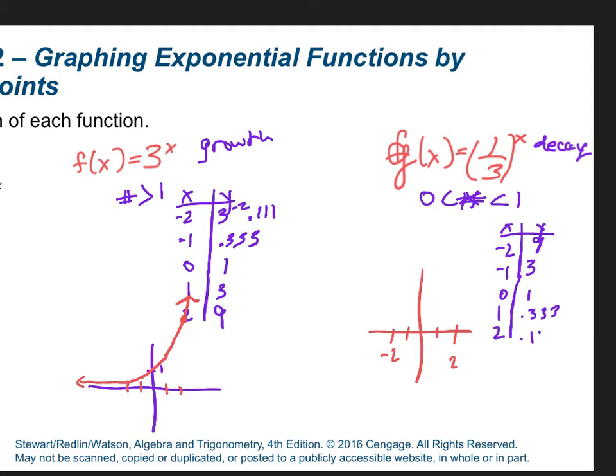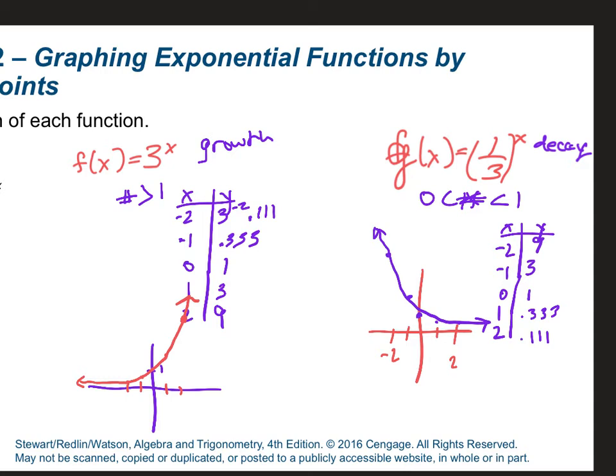And 1/3 to the second power is 0.111. So when I plot my points, I'm at -2, 9 up here, then at -1, 3, then at 0, 1, and then here. When I read from left to right, what is that purple graph doing? It's going down. This is a decay.